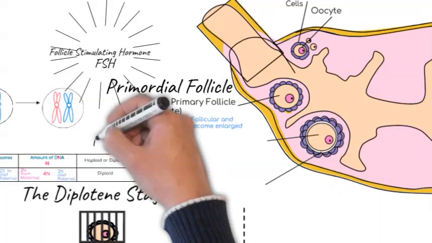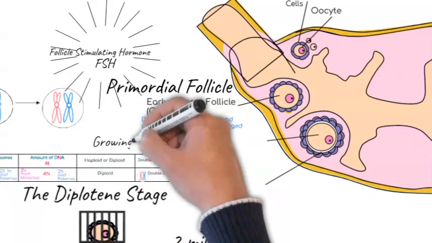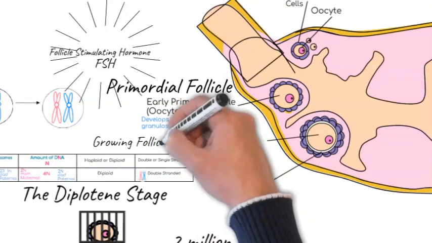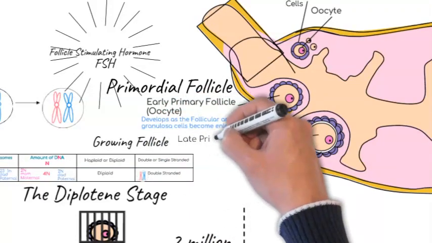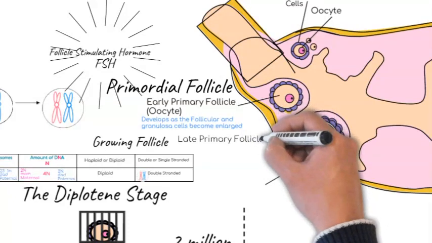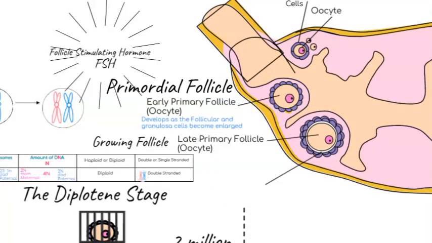And then they become multi-layered. So instead of just one layer, you will have multiple layers. And when they are multi-layered, we call that stratified. Stratified cuboidal epithelial cells.